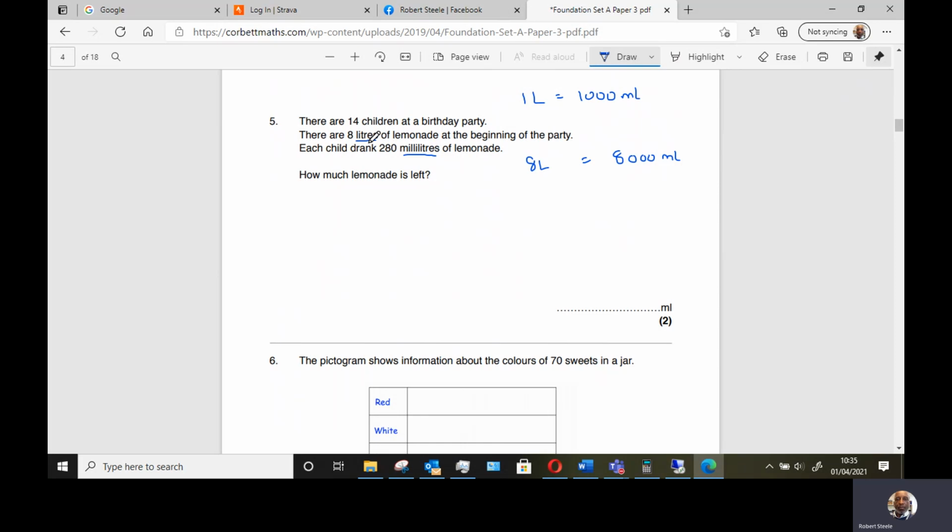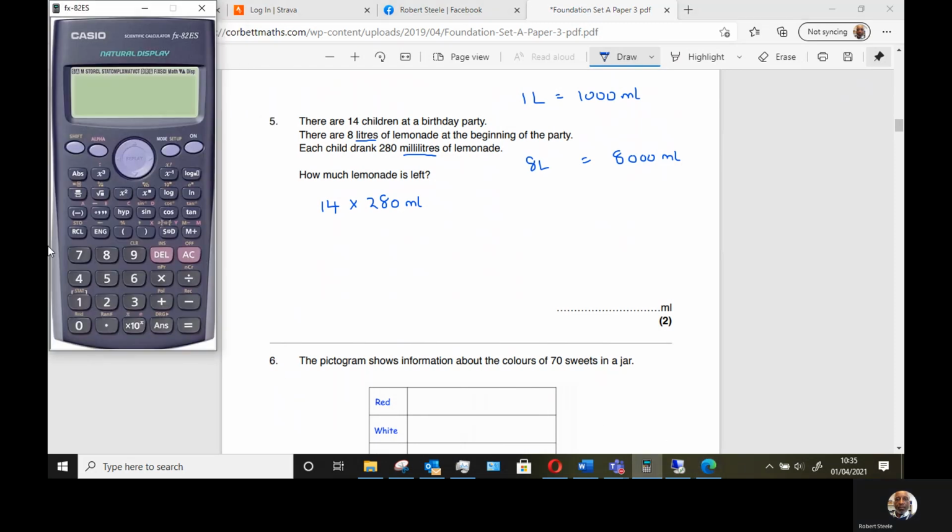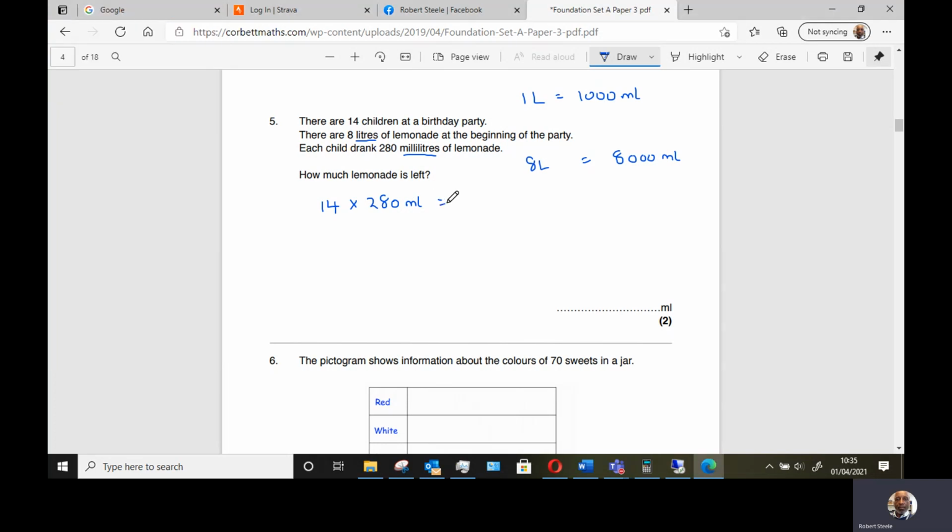Then you've got 14 children each drinking, so there's the calculation, 3,920.